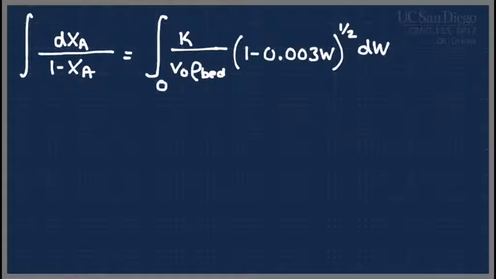So these integrals then look like 0 to W and 0 to XA. So this is for part 2 of this problem where pressure wasn't constant.